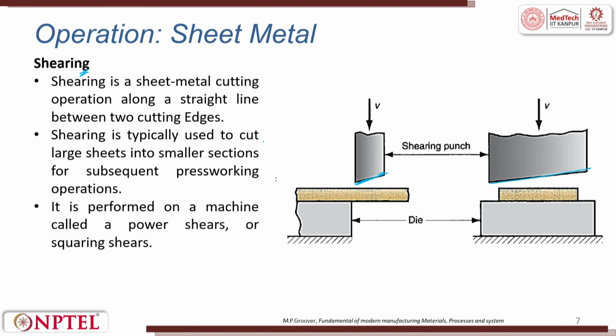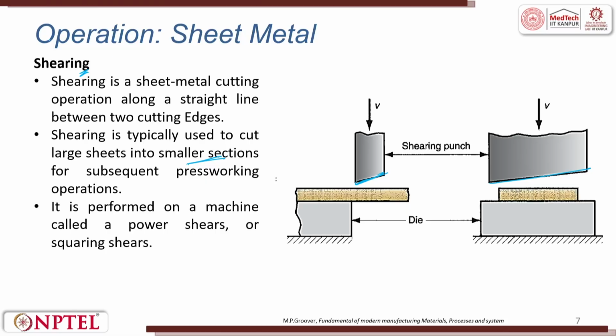Shearing is typically used to cut large sheets into small sections. If you have a large plate or sheet and want to cut it into several small segments, we do the shearing operation. It is performed on a machine called a power shear or square shear.